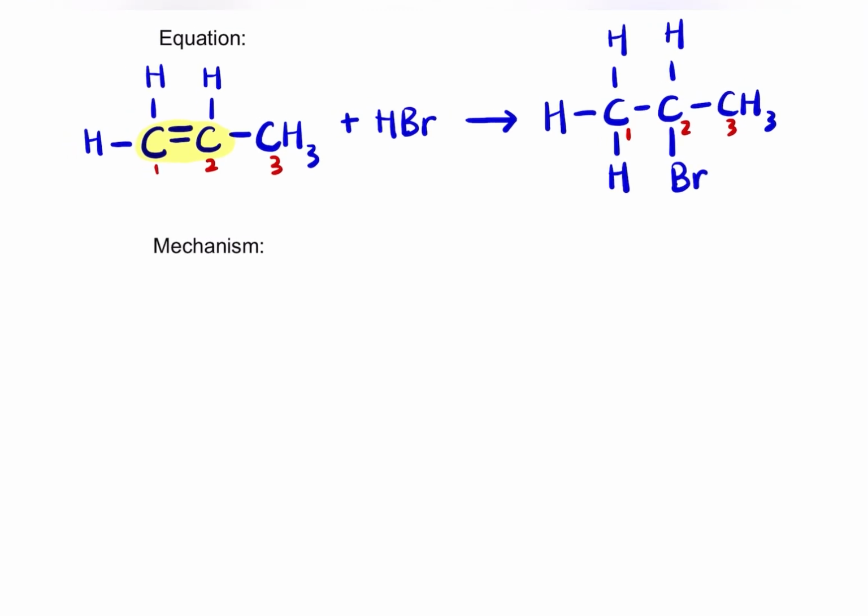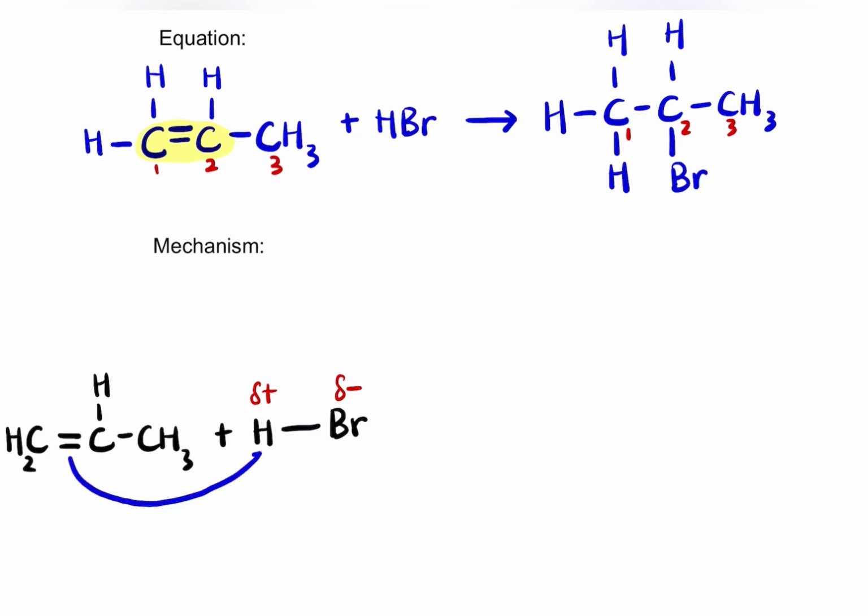So copy back your alkene. This is my alkene. It reacts with HBr. Open the bond between H and Br. You know that H is electropositive, so partial positive for H and partial negative for Br. And here I'm going to use my alkene to attack from the double bond to hydrogen.